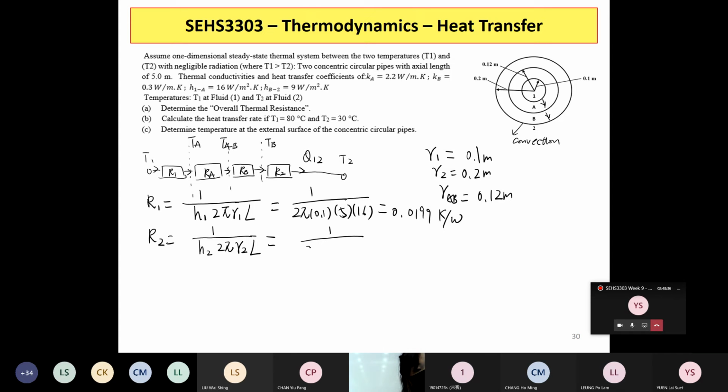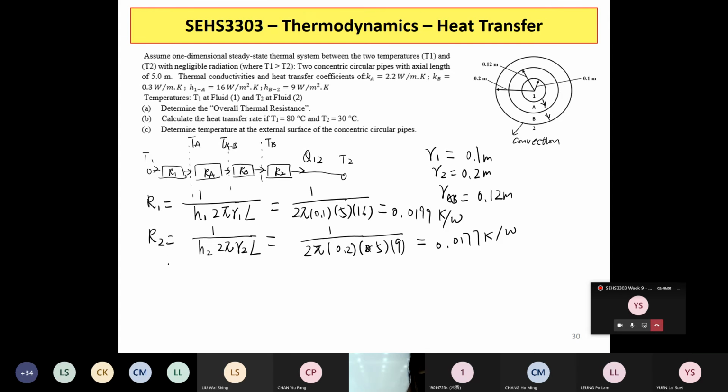That should be 2 pi times 0.2 and 5 times, this should be 9. What's the number? Should be K per watt. Okay. This is a convective thermal resistor.